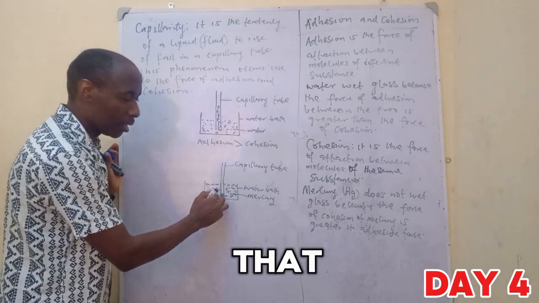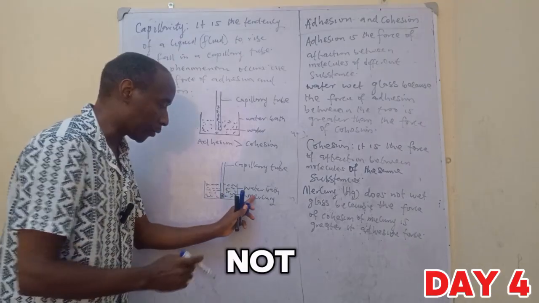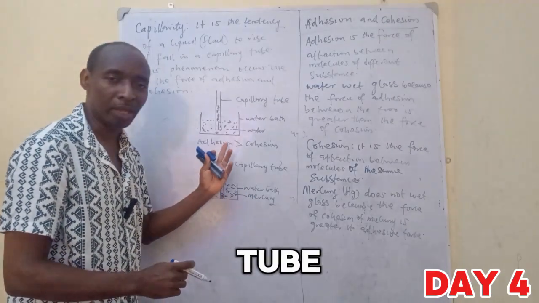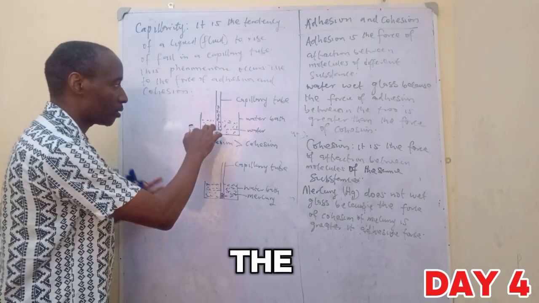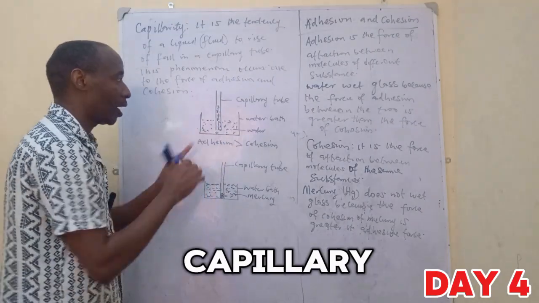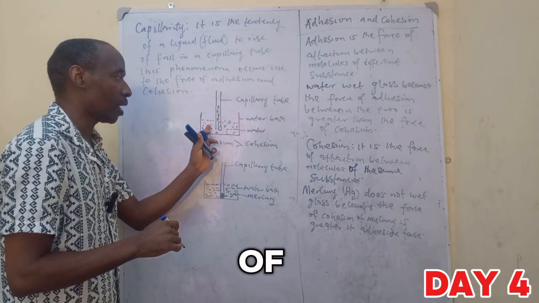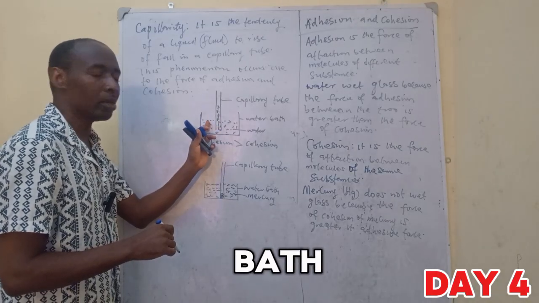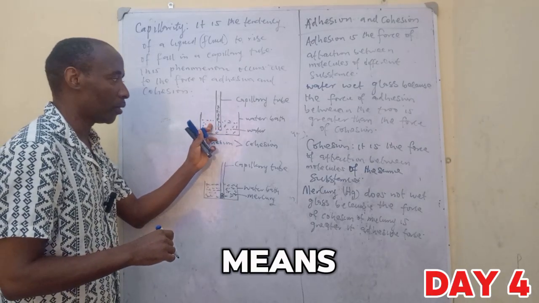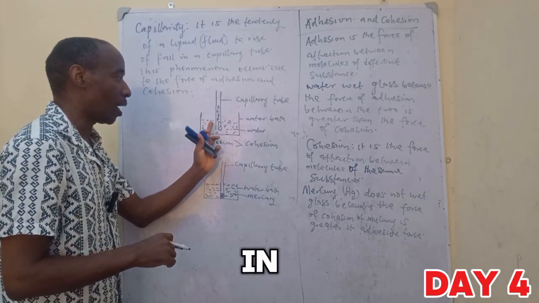It's telling you that mercury does not rise in a capillary tube. But when you look at water, the level of water in the capillary tube is higher than the level of water in the water bath. This means that water rises in the capillary tube.